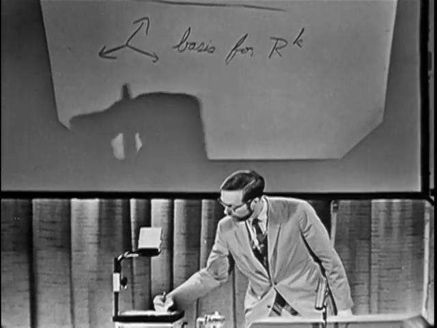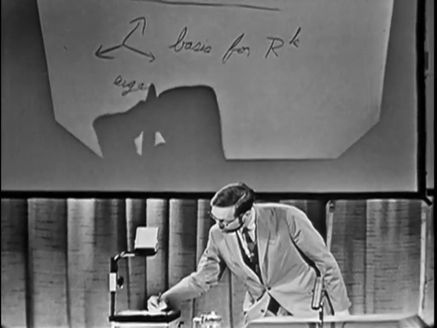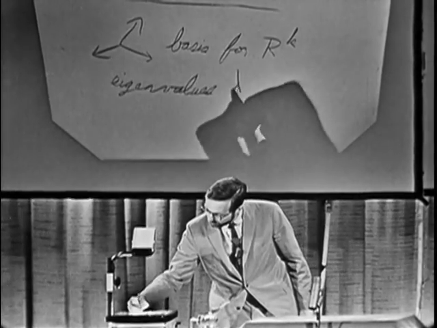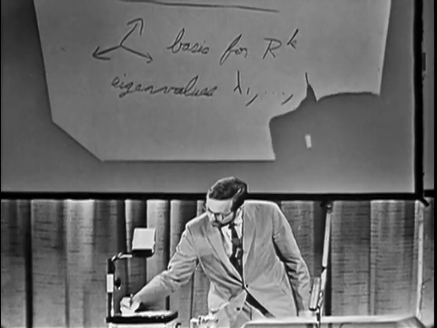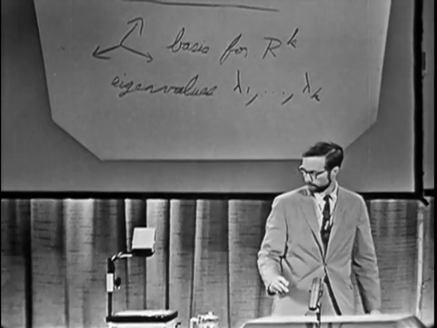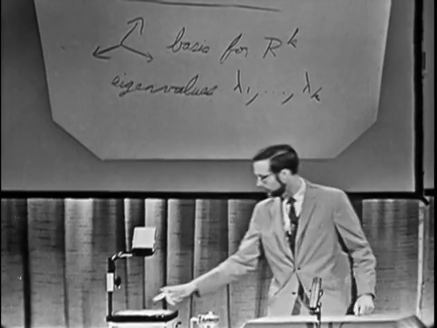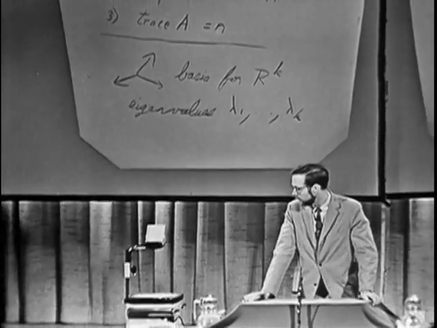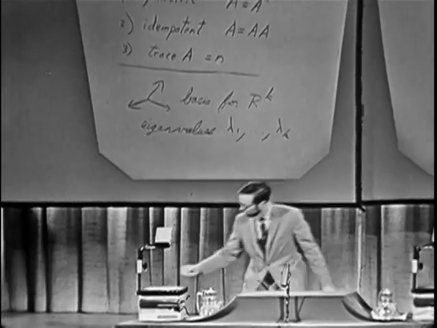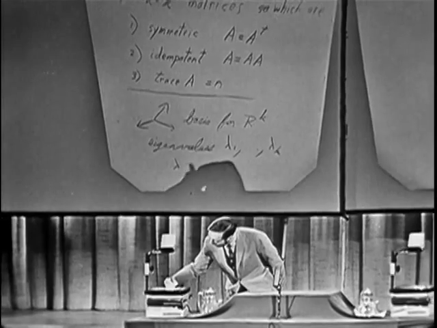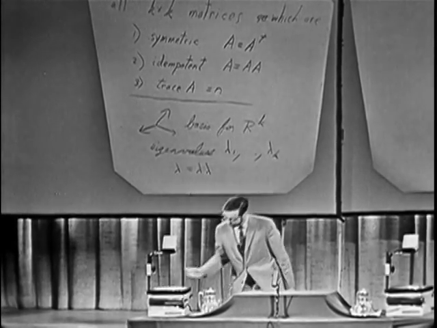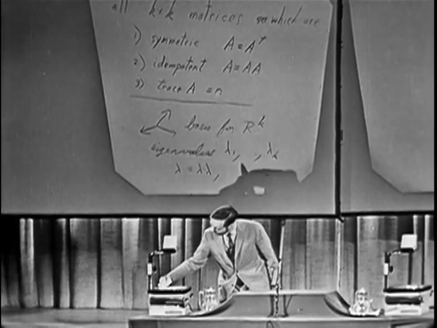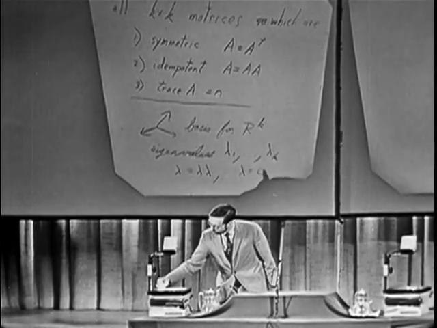And there will be corresponding eigenvalues, say lambda 1 up to lambda k. And now the condition that the transformation is idempotent tells us that each lambda will satisfy the equation lambda equals lambda times lambda. Now this lambda is a real number, so lambda must be either 0 or 1.